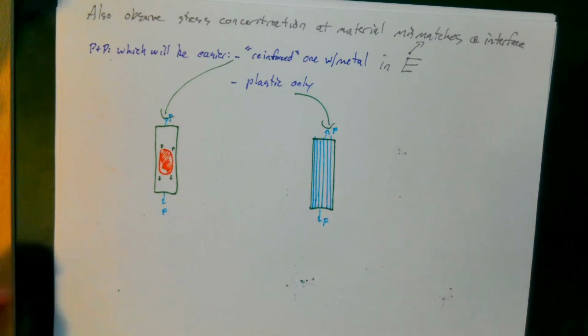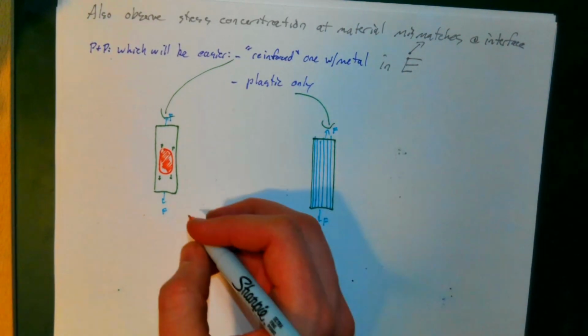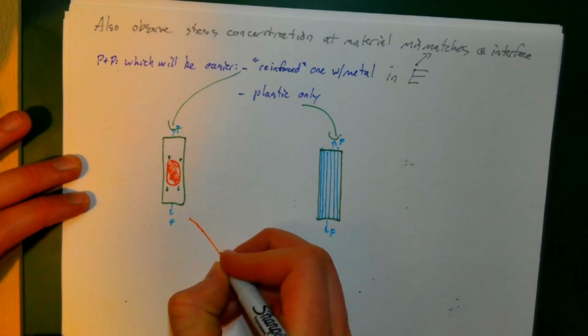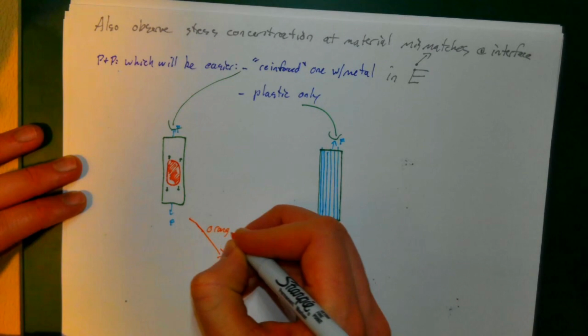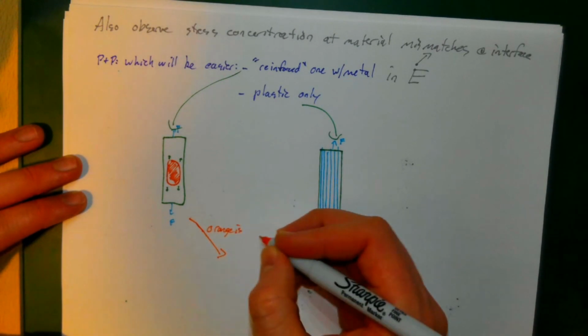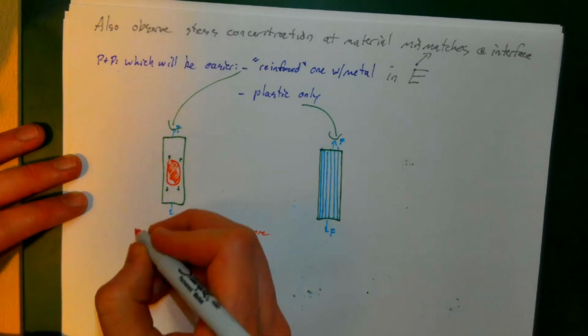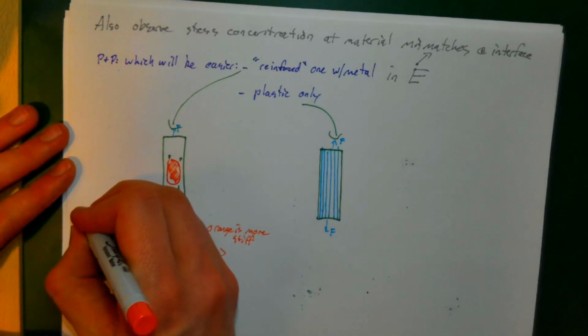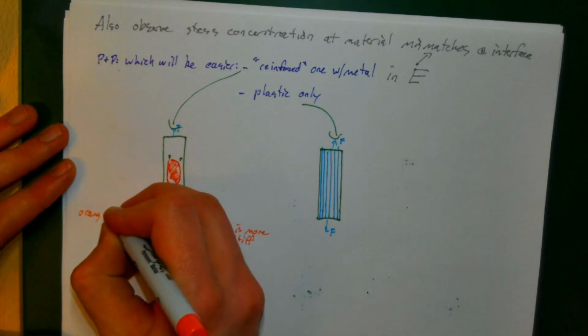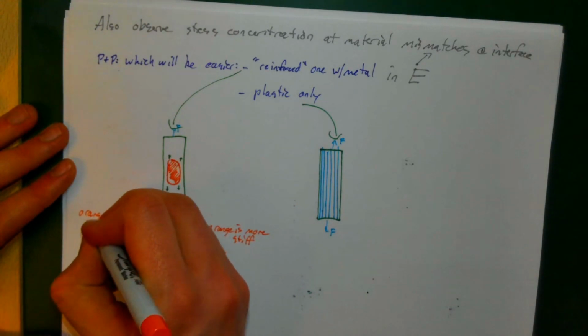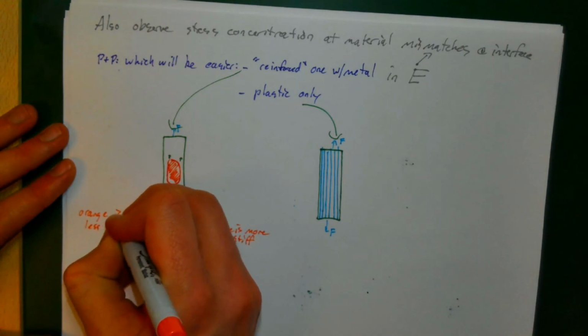So let's look at two cases. One case, which is what was here, is the case where the orange is more stiff. And then later on, we'll look at a case where the orange is less stiff.